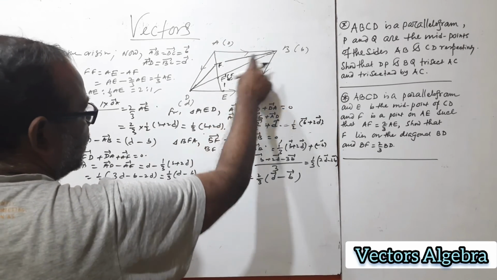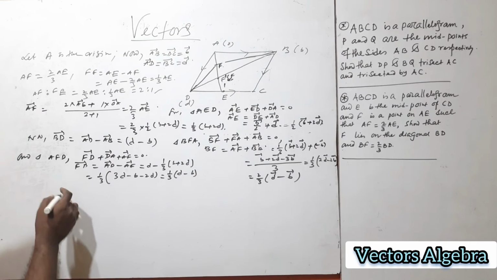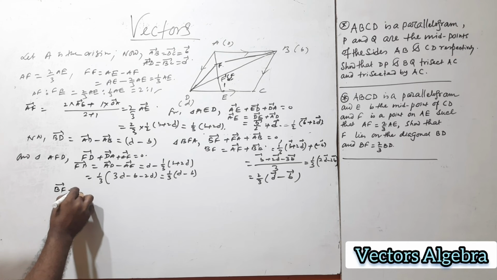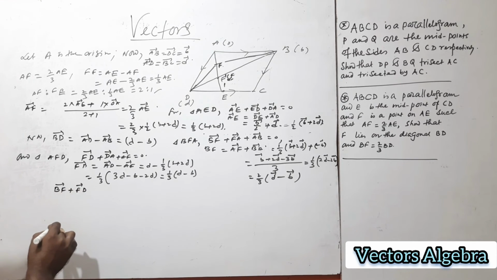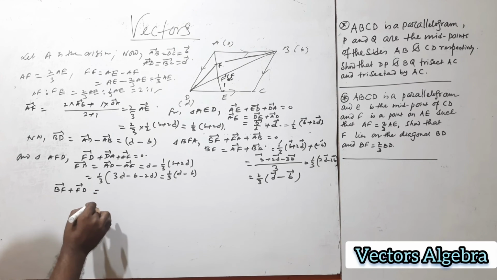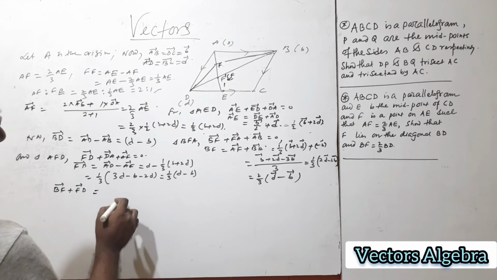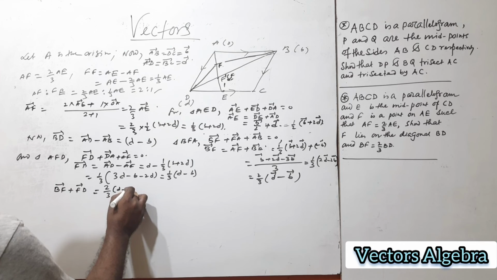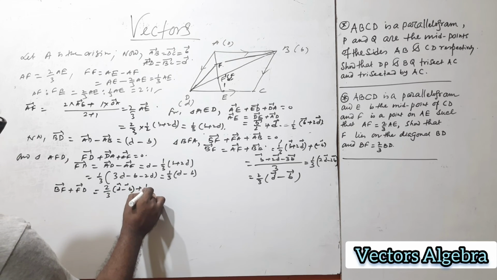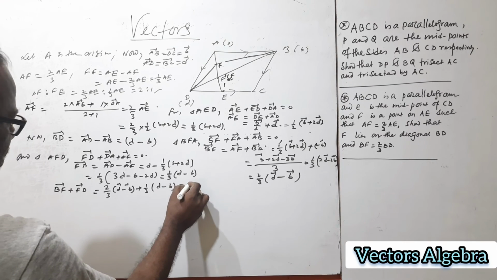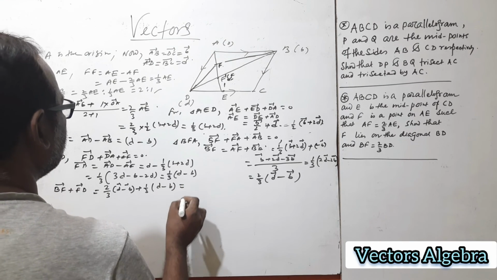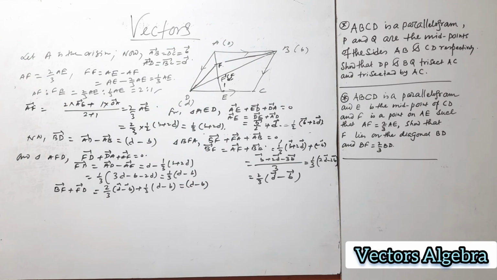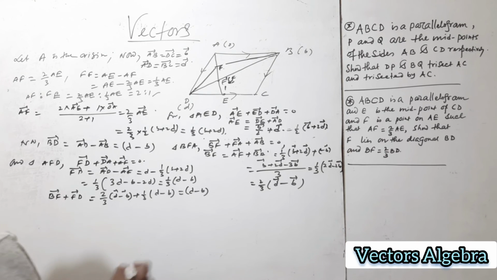Okay, if we add these two vectors, see, now we have to find BF and FD. So BF plus FD, that is equal to, BF means this is here 2/3 of d minus b, plus 1/3 of d minus b. This is here actually d minus b.